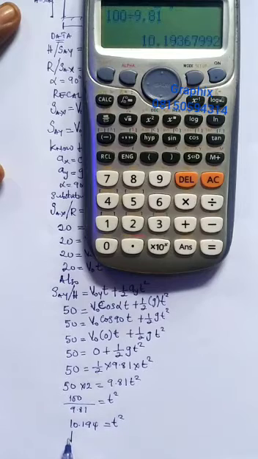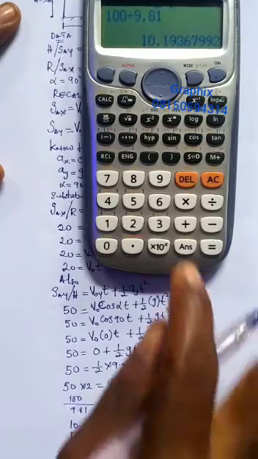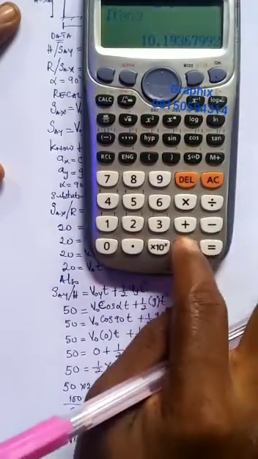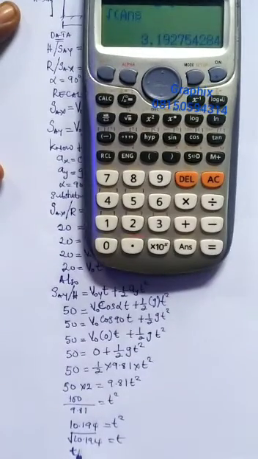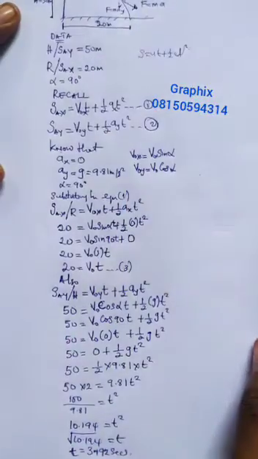So the square root of 10.194 will be T when this 2 is coming to this side. So the square root of the answer will give me 3.192. So my T here is equal to 3.192 seconds. Is that okay? Now we've gotten our T.